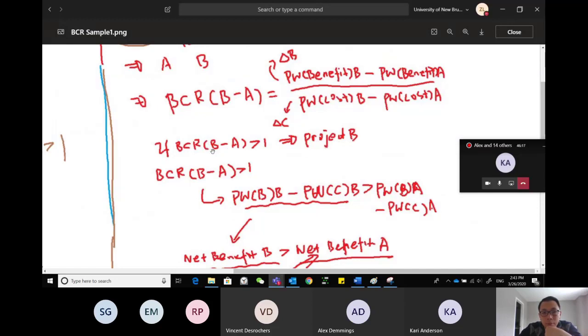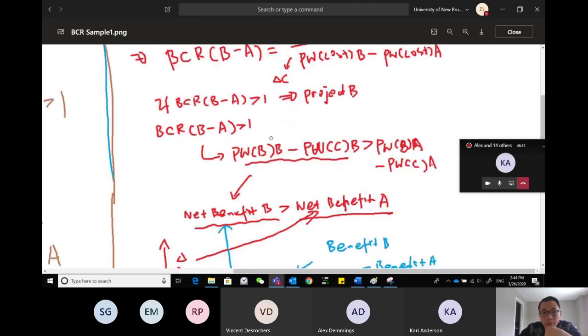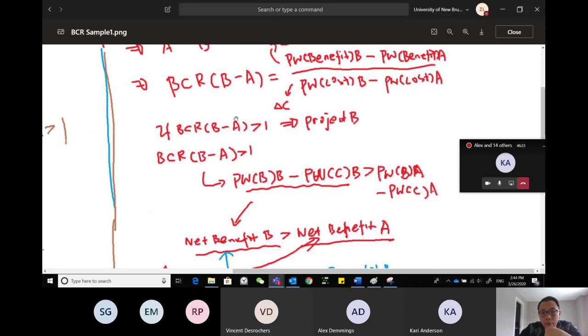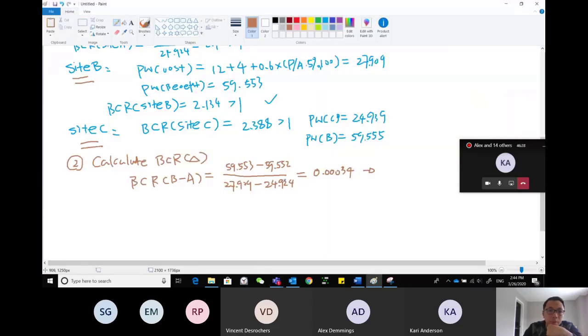If the BCR delta, which is B minus A, is less than 1, we should keep A. So here, we should keep A, since our delta is less than 1.